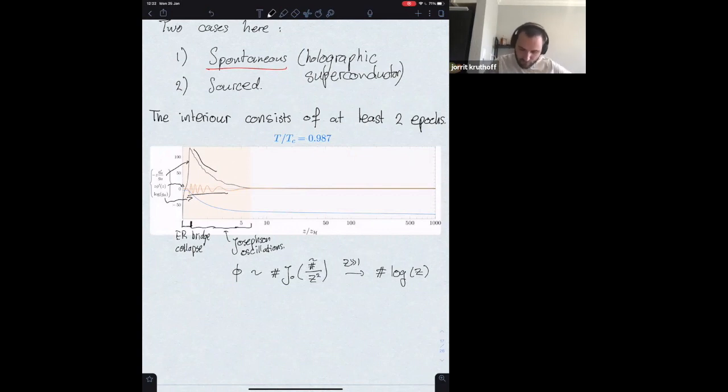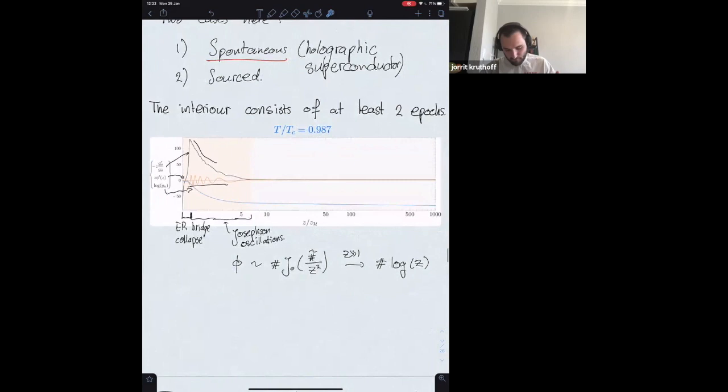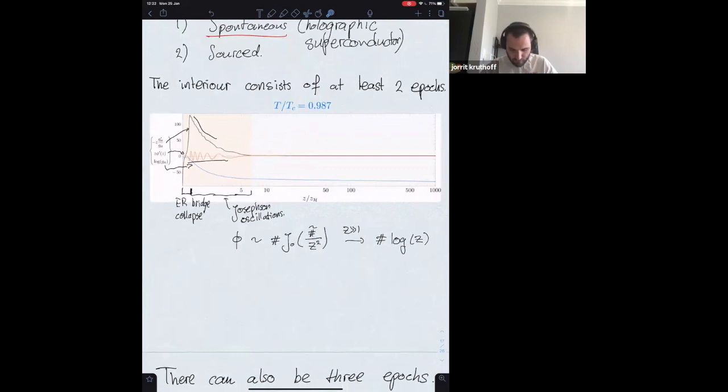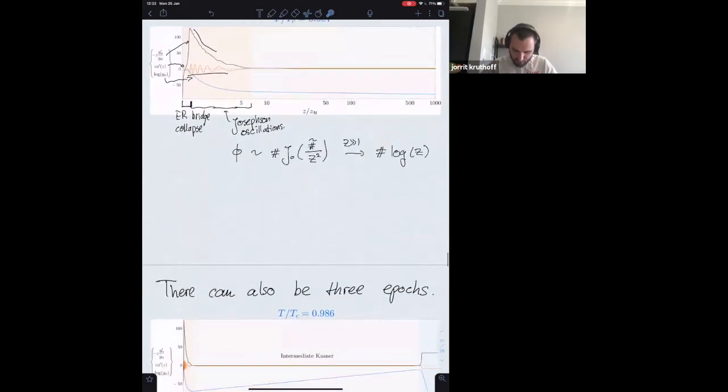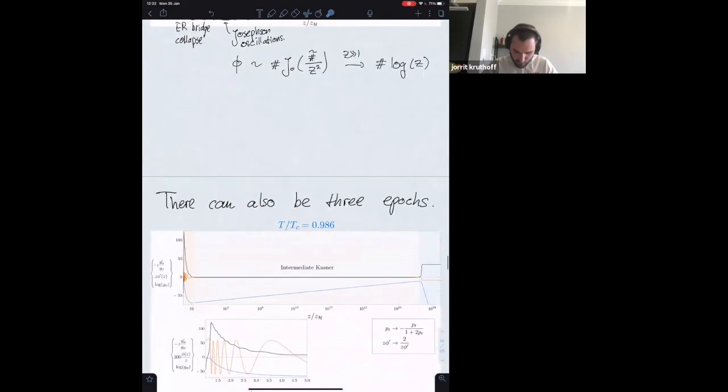So what I want to draw your attention to is that this geometry was very close to criticality. So the temperature is very close to criticality, but this geometry, the interior, depends very sensitively on the temperature, because if I change the temperature just by 1,000, you see that the geometry already changes quite a bit.